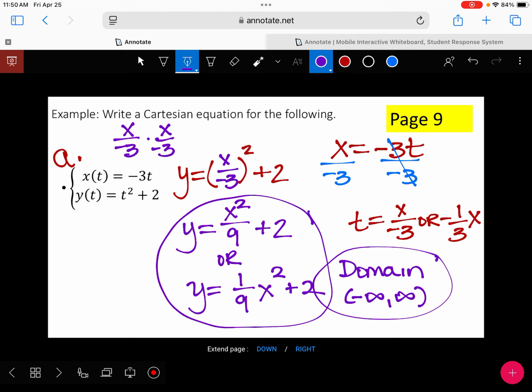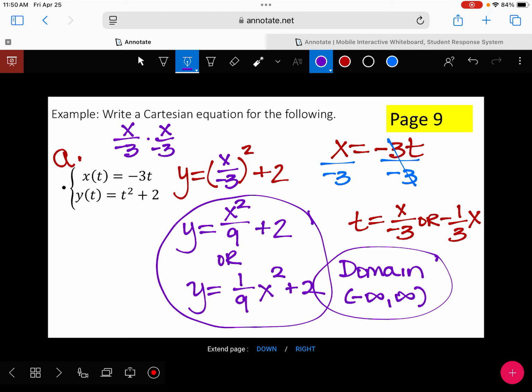And that's it. No red lights. We didn't have a square root. We're not dividing by x. So if you don't have either one of those red lights, then we just keep it all real numbers.